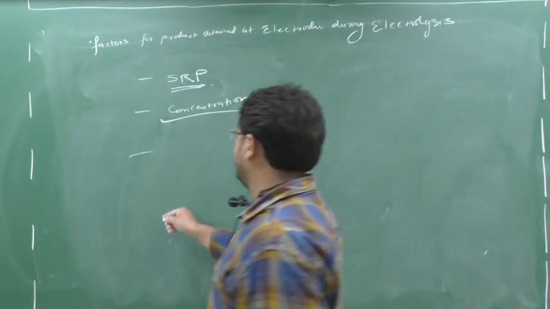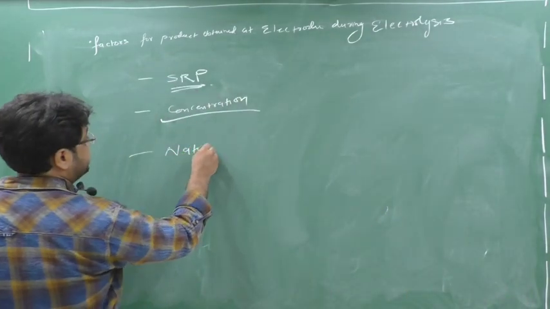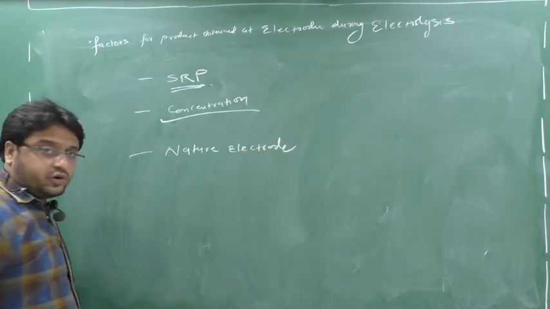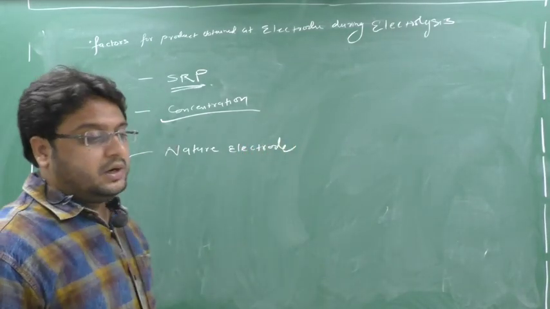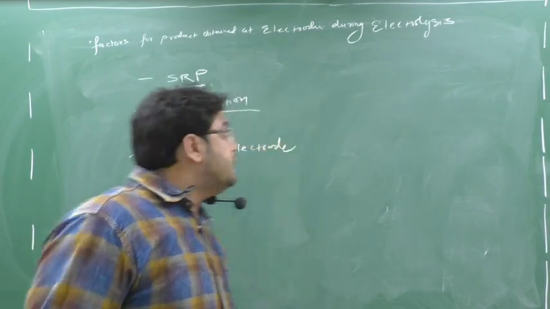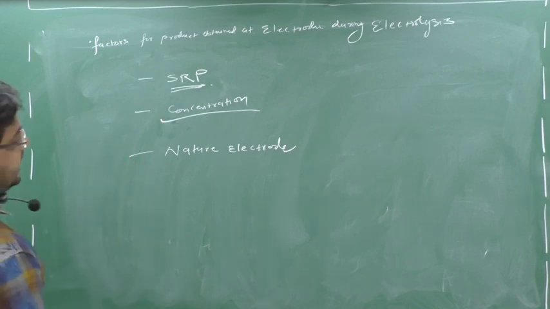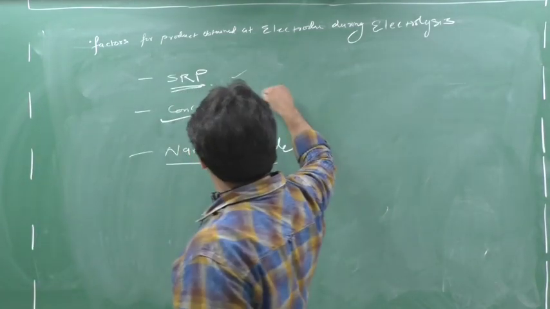So it can also depend upon the nature of the electrode, which kind of electrode we are taking, whether the active metal electrode or the inert electrode. So it depends on the SRP, the concentration, and the nature of the electrode. Remembering these three things is enough.